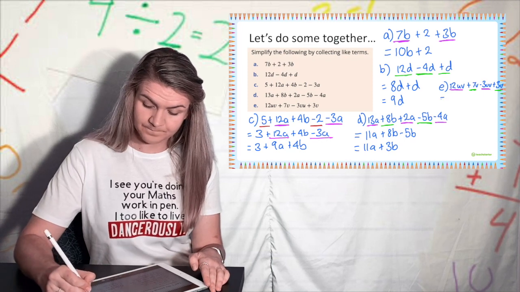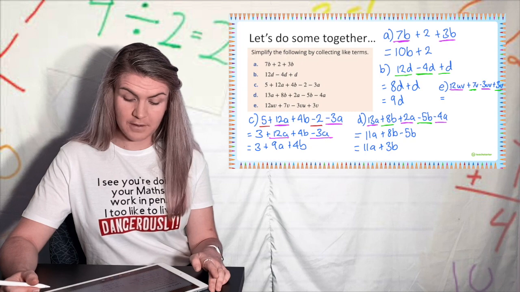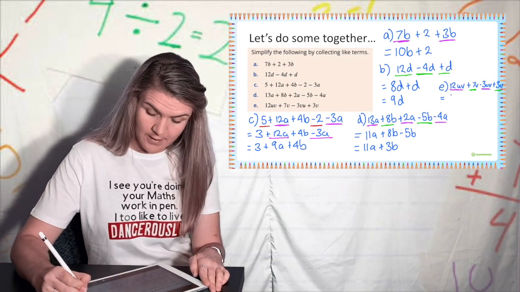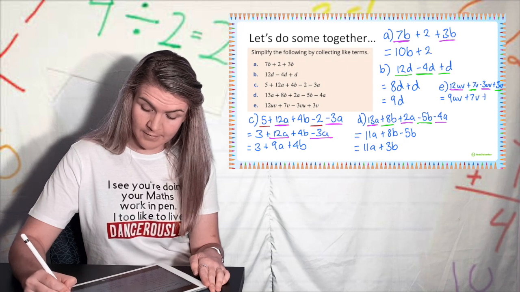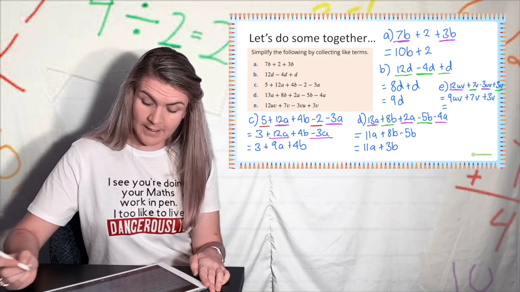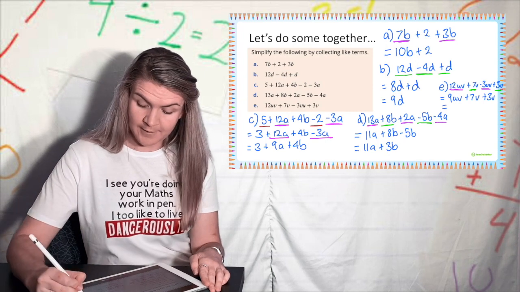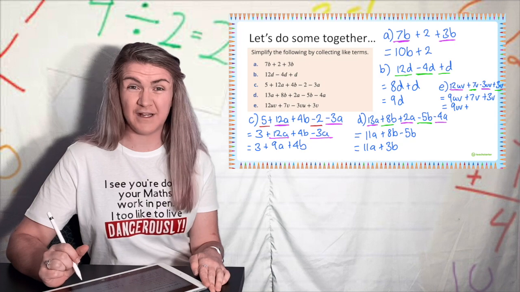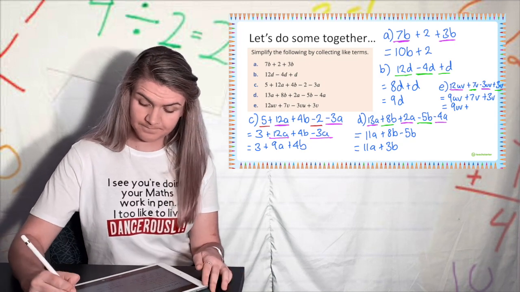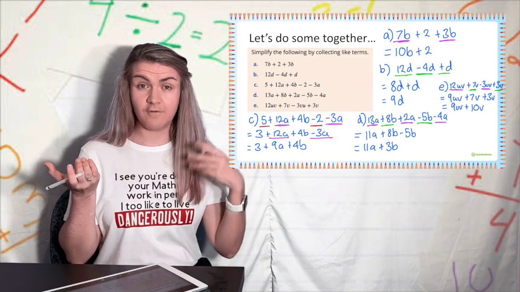So let's go 12uv and take away 3uv. 12 take 3 is 9. 9uv plus 7v plus 3v. Now I've got my v's that are the same, and I've got 7v plus 3v. 7 plus 3 is 10. And I can't simplify that anymore because it's uv and v.